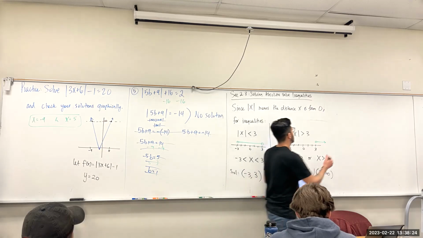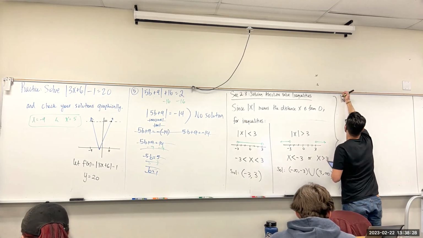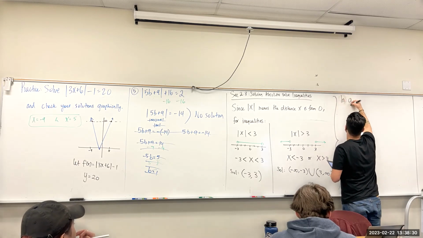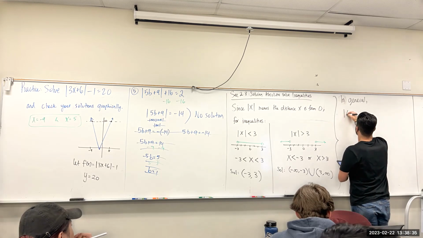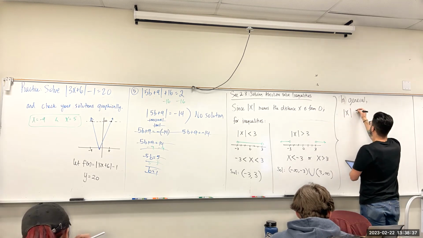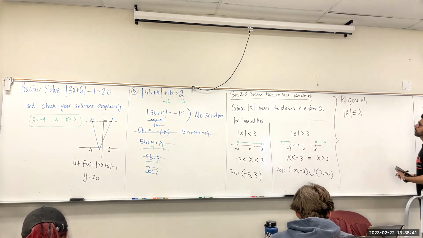So let me just write the general rule, right? We use this so that in general, when you have the absolute value of an expression less than or equal to some number, we're going to call it A. Now I'm getting all general here.